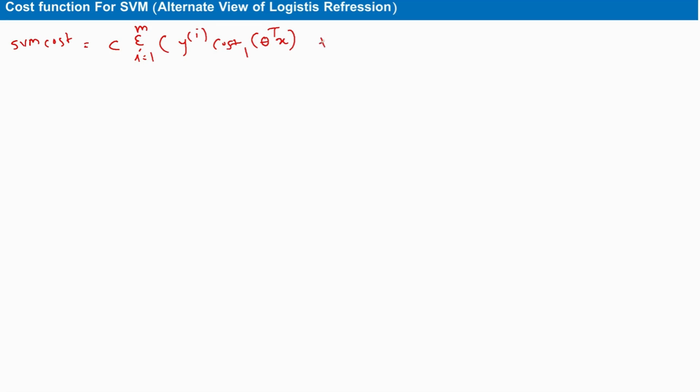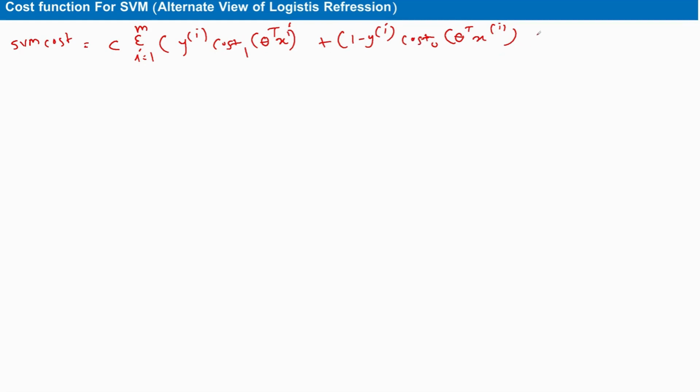Then plus 1 minus y of i, then cost when y is equal to 0 with respect to theta transpose x i. Here also we need to consider i, because it is with respect to the ith example.